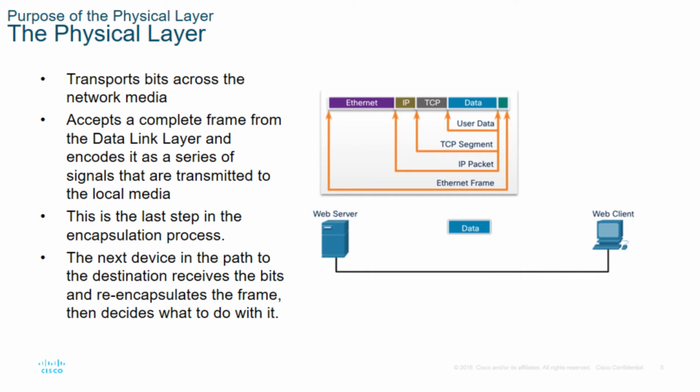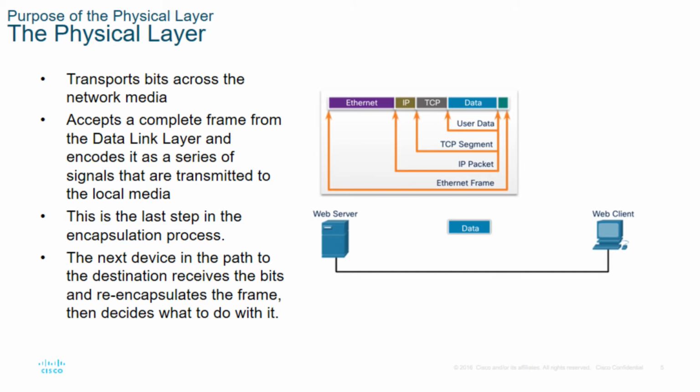The OSI physical layer provides the means to transport the bits that make up a data link layer frame across the network media. This layer expects a complete frame from the data link layer, and it encodes it as a series of signals that are transmitted onto the local media.